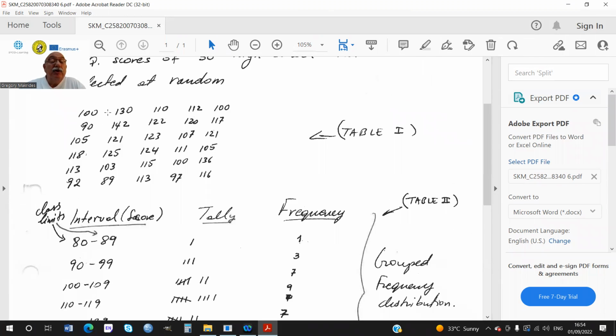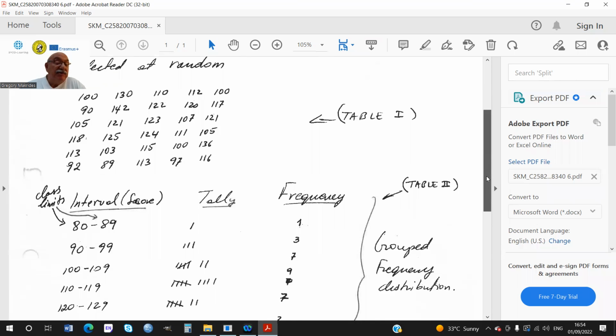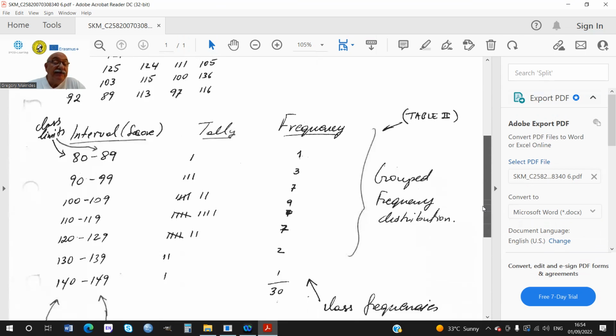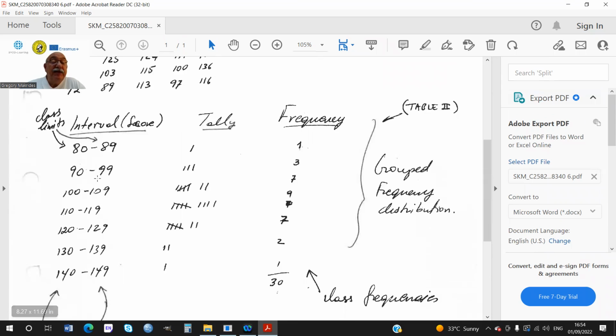To decide where to start, you have to see what your smallest number in the data is. It can easily be seen to be 89, and the largest looks like 142. So I can start from around 80 to 150. It's about 70 points. If I want scales of length 10, that would be about 7 scales. So I have my 7 scales.